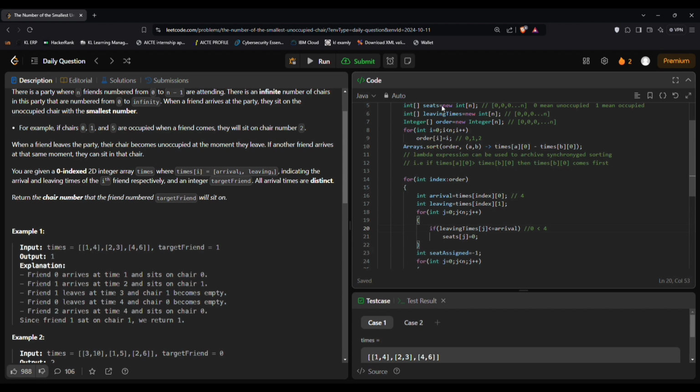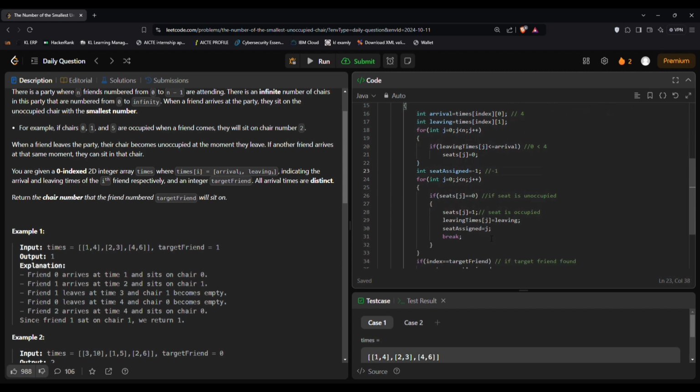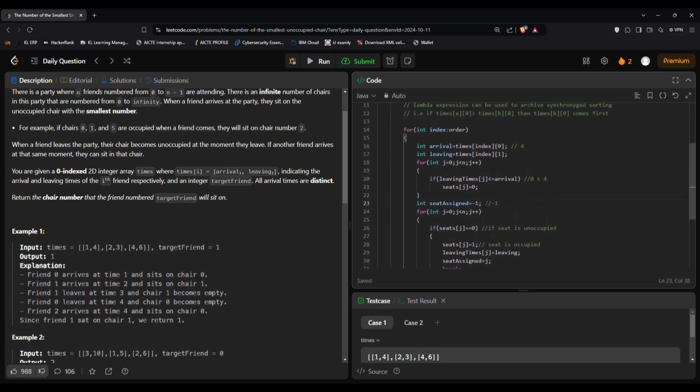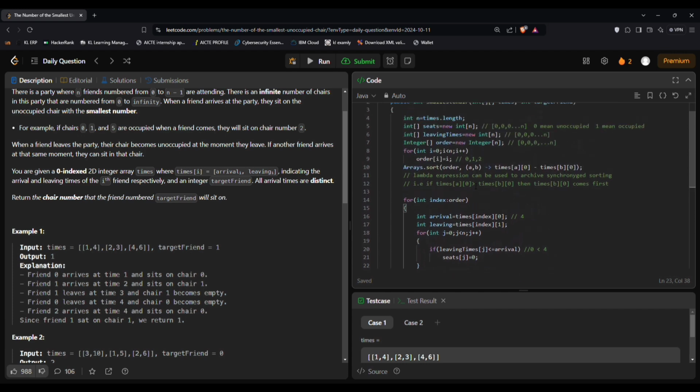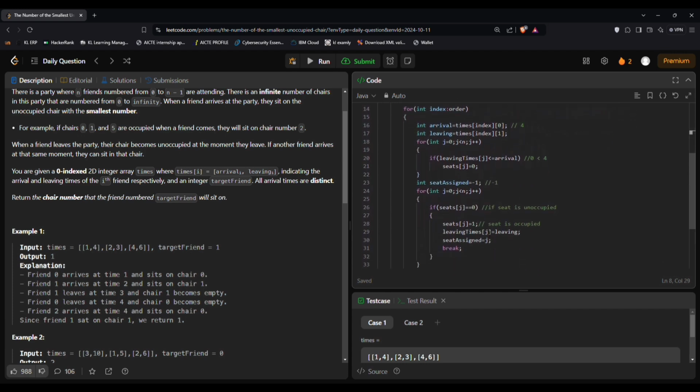The seats will be filled with 0. After that, the seat assigned for the first person is -1, which will be changed later on. I have reinitialized a for loop with j from 0 to n. All the seats are 0, so it checks the first seat. The first seat is 0, so the first seat will be assigned to the first person. That means seats of j will be changed to 1.